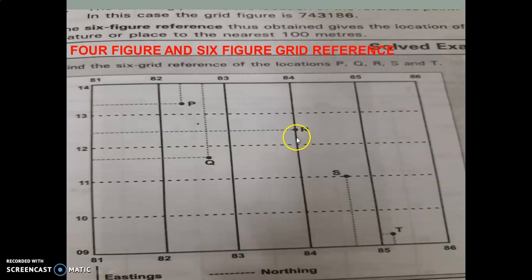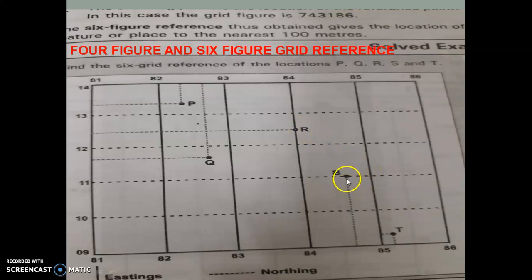Again we divide the easting line into 10 equal parts, or we can do it properly with a scale. With the scale this point comes at 5. So the 6-figure grid reference is 8, 4, 0, 1, 2, 5. This is the 6-figure grid reference of point R.